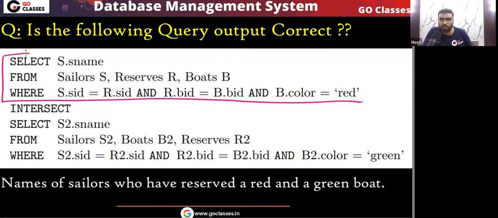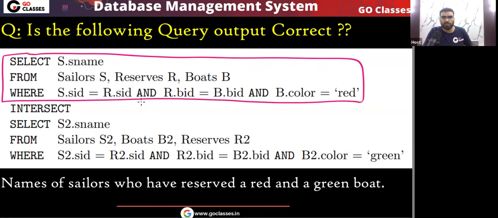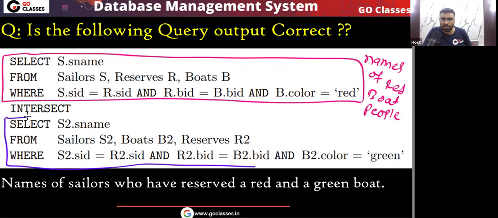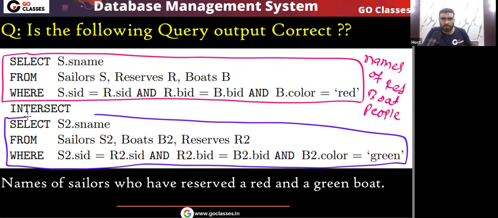This will give you names of red bot people. Yes or no? Correct. And similarly, this query will give you names of green bot sellers.